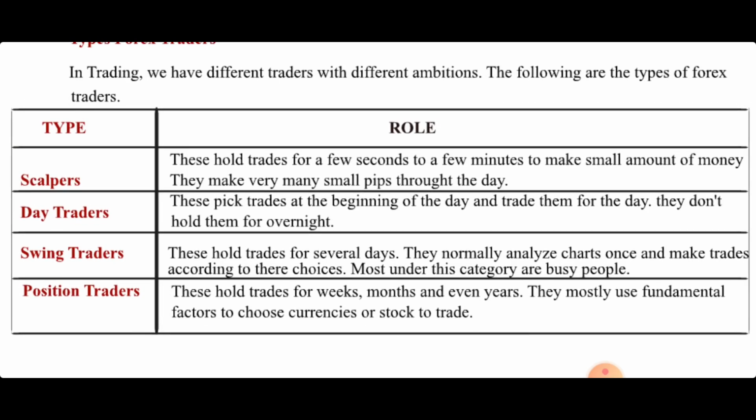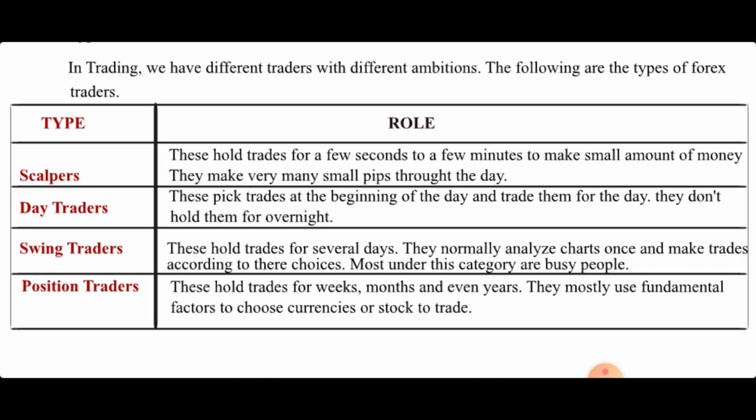When someone enters at, let me say, 1 a.m., the same person exits the trade at 1 a.m. That is holding trades for the full day, as we shall be looking at in time frames and candlesticks, how they are formed during different time sessions, and how they determine the types of traders.